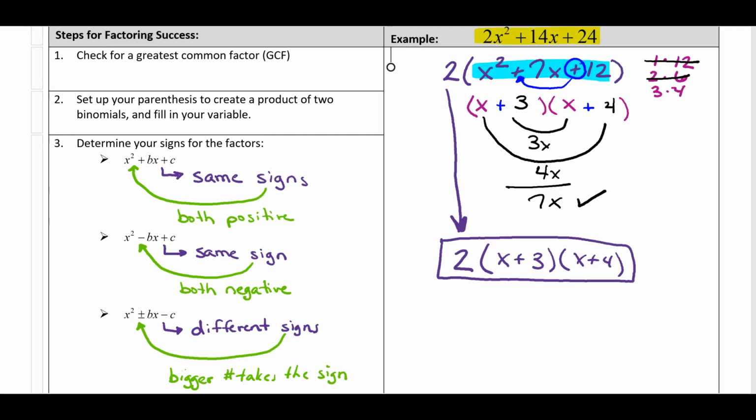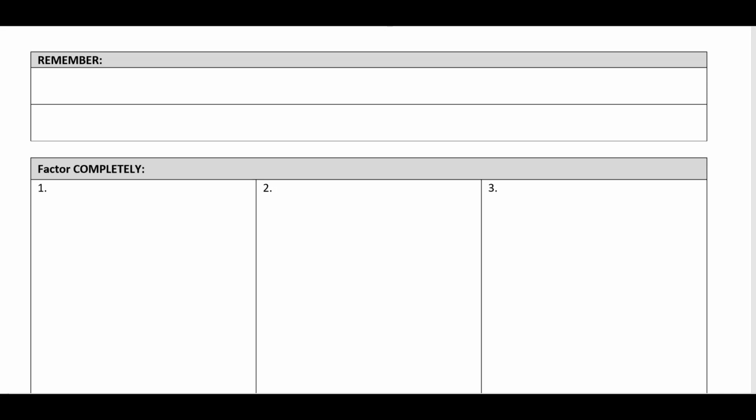Okay, so now we're going to look at some problems on the back. Okay, so there's a couple of things you need to remember when you're doing this. The first thing that you need to remember is that there is only one answer. Okay, so that's what we're going to write in this first box.